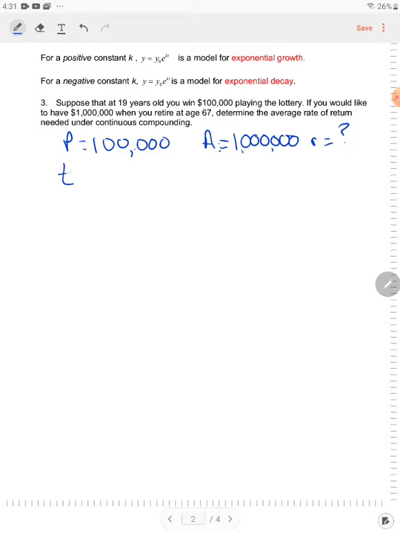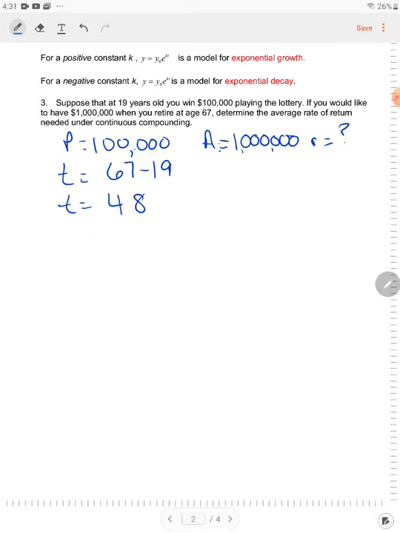So how do you find time? Well, you want to take your age when you're retiring, 67, minus 19, and that's how many years you're going to have your money earn interest. And that becomes 48 years.